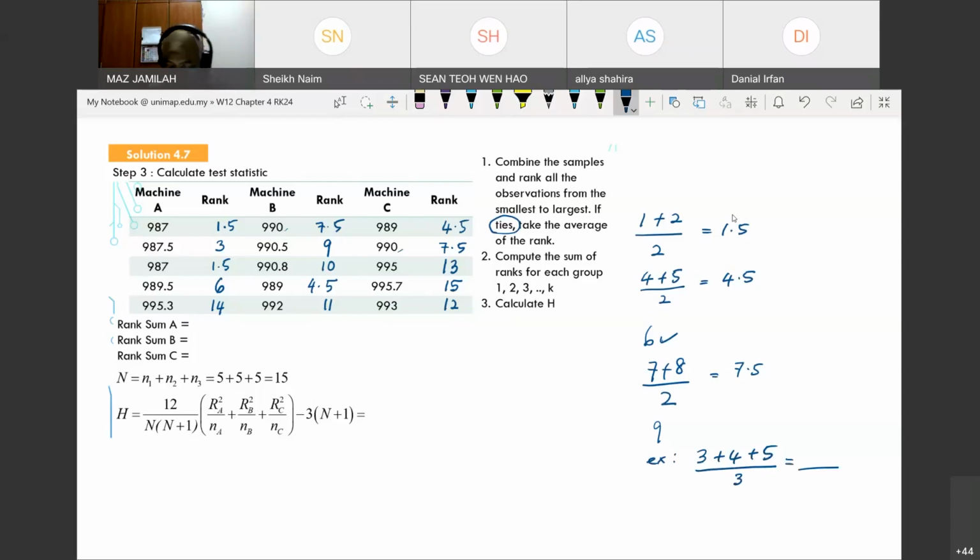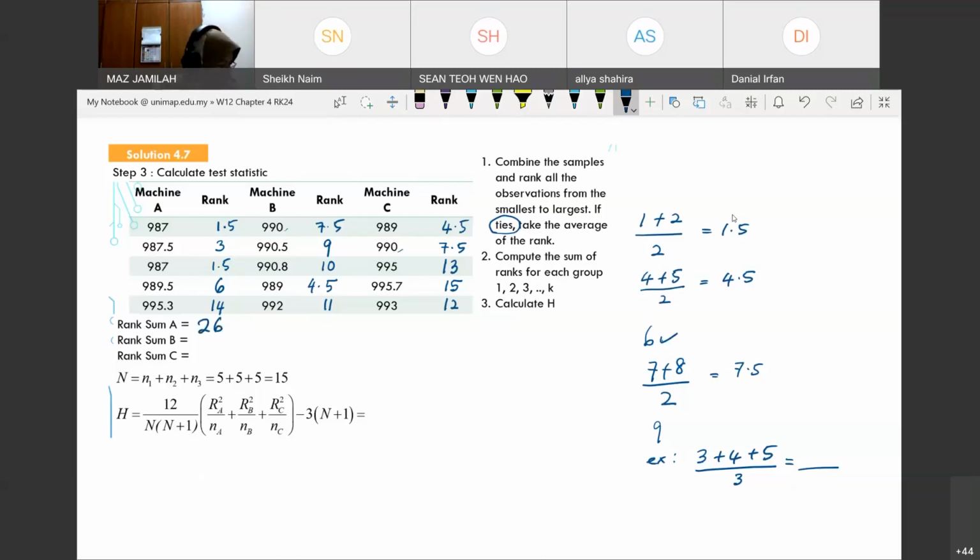So that's how you get the rank. Once you have got the ranks, compute the sum of the ranks. In this case, the rank sum for A would be 1.5 plus 3 plus 1.5 plus 6 plus 14, so you will get 26.